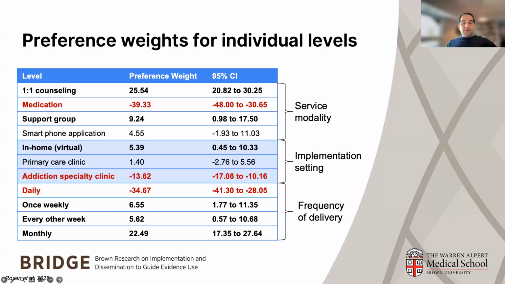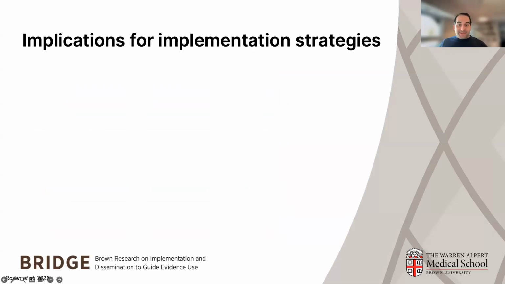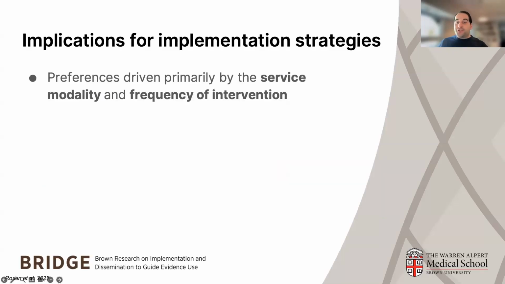And so we could read through this table line by line using that type of interpretation. And what you'll end up seeing are some of the conclusions that we drew from this study, which is that the preferences people exhibited were really driven by the service modality and the frequency of delivery.